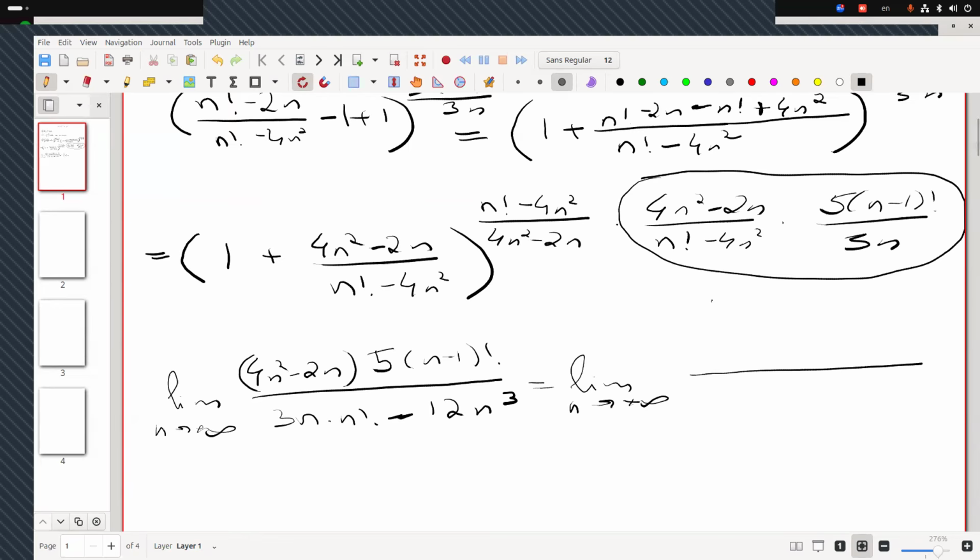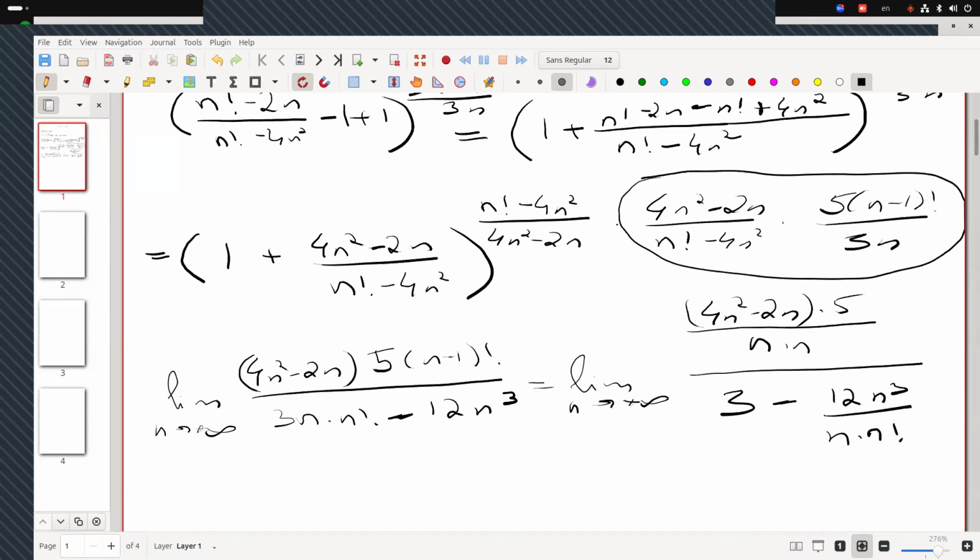In the numerator, 4n squared minus 2n times 5. We are dividing by n factorial times n. Do you agree we will get just n times another n? n minus 1 factorial over n factorial gives 1 over n. So we have this in the numerator, and 3 minus 12n cubed divided by n factorial.